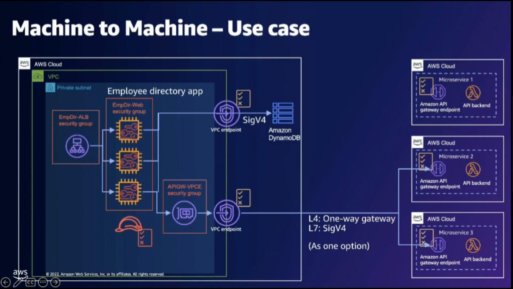So that's pretty much how it works. I think the key thing to remember is that PrivateLink creates the connection between VPCs in different regions and different accounts, right? But a VPC endpoint is specific to a particular AWS service. So as mentioned, it connects your VPC with a specific AWS service such as API Gateway, DynamoDB, or S3.